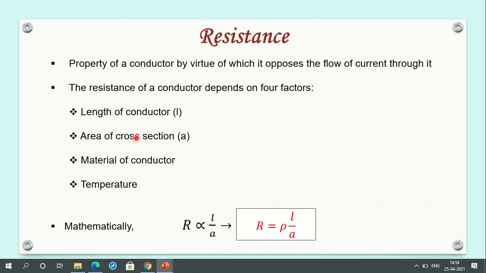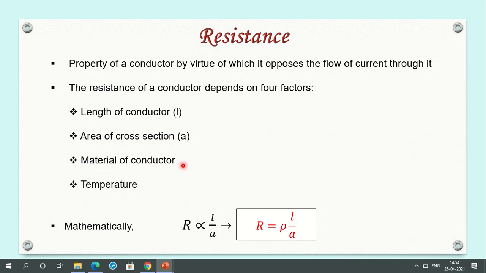Next one is area of cross section. Area of cross section of a conductor and resistance are inversely proportional. With increase in area of cross section, the resistance decreases. So next one is the material of the conductor.